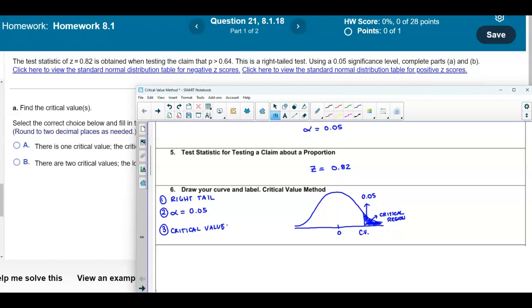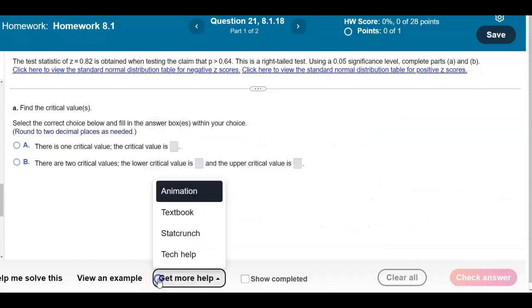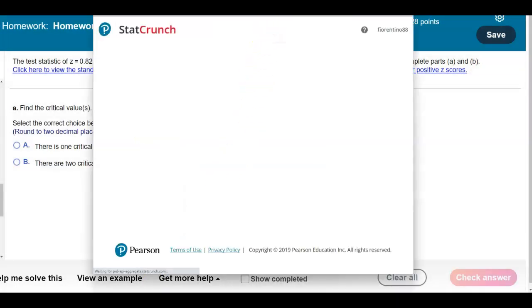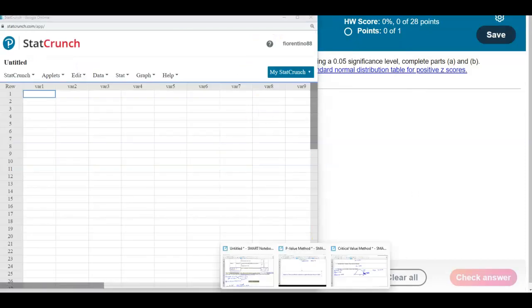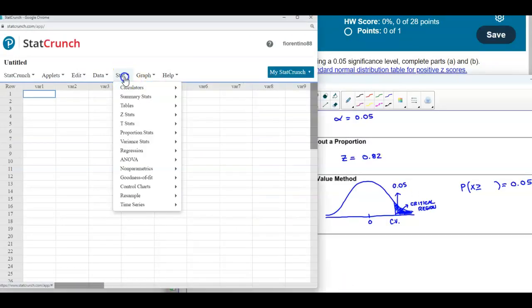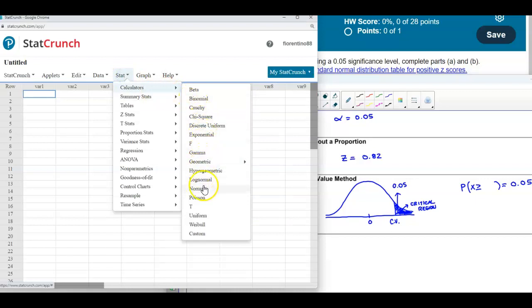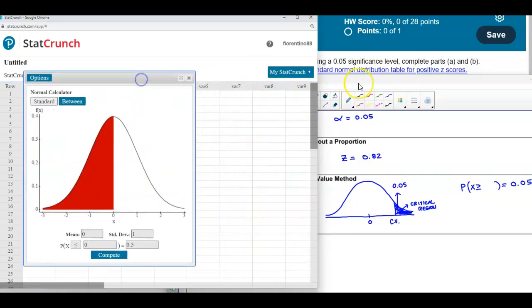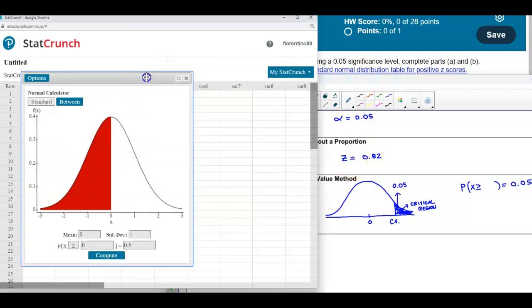Now in order to find that critical value, we know that since it's shaded to the right, it has to be greater than or equal to, and we have an area of 0.05. So let's go ahead and use StatCrunch to determine that critical value. We're going to go to Stat, Calculators, and then Normal, since it's a z-test statistic.